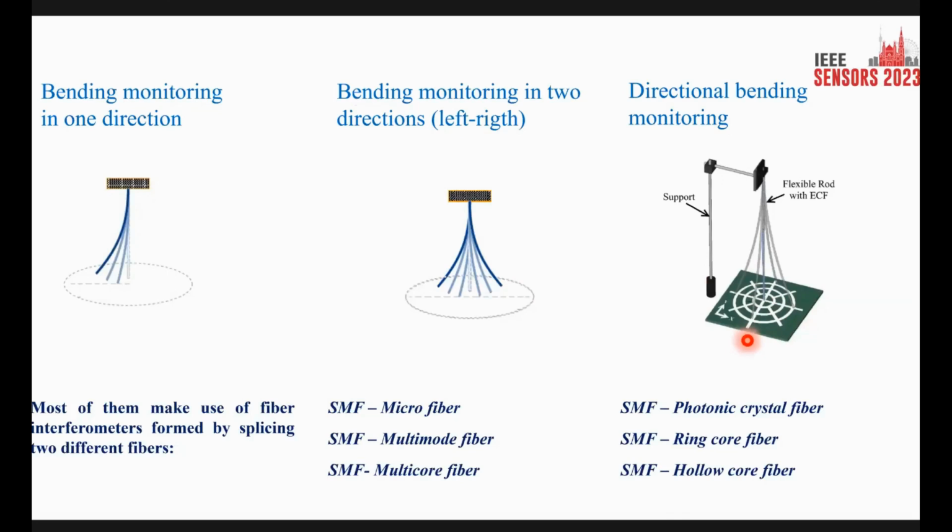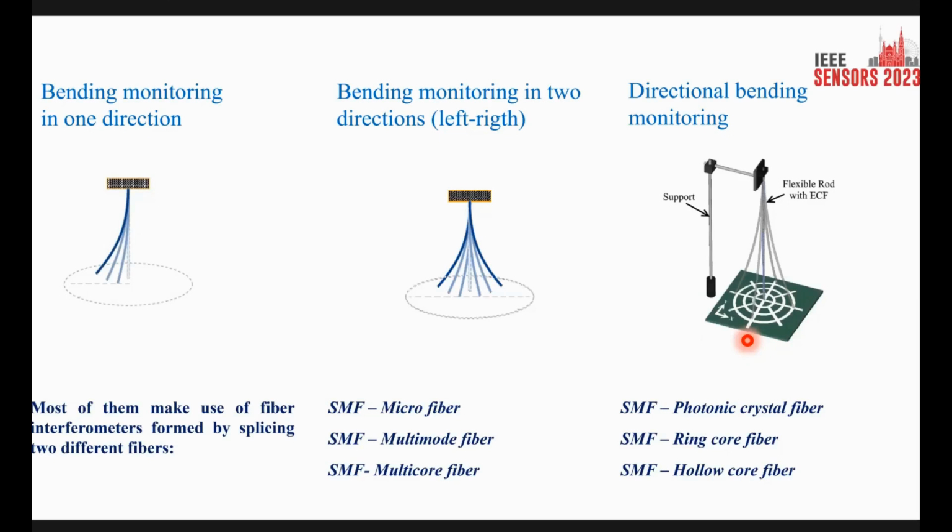Also, we see here a structure where we have one fixed side and then one free end side. But we can also think in some experiments where both sides are fixed and then one is movable. So the bending is when these two fixing ends approach, and we have the bending.